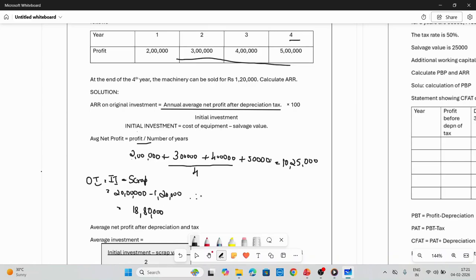Therefore, ARR equals 10 lakh 25,000 whole divided by 18 lakh 80,000 into 100 equals 54.52%.